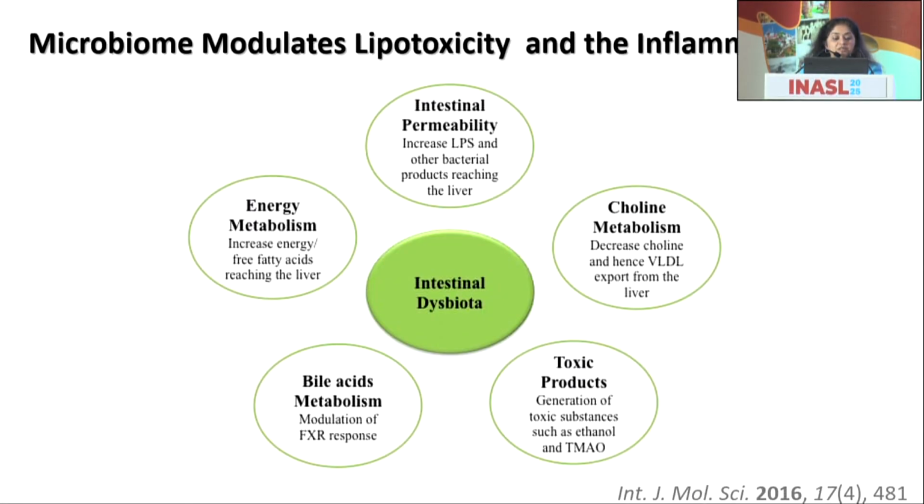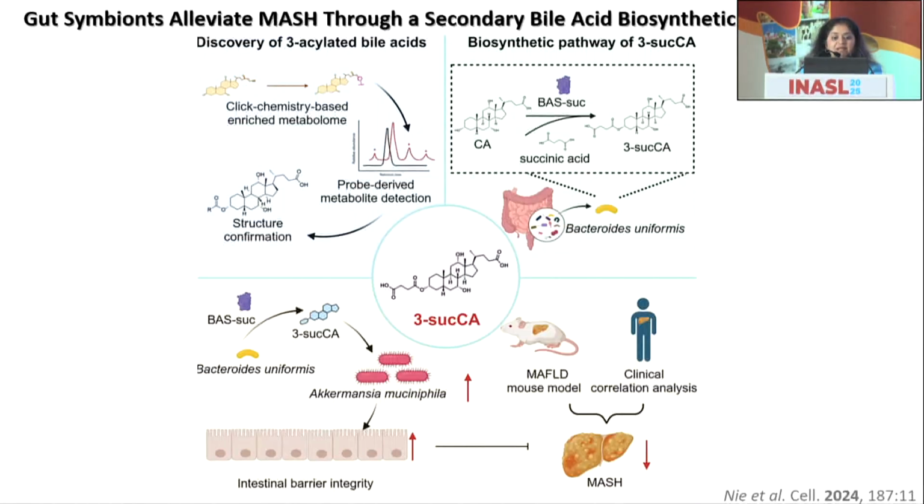I wanted to use the last minute to talk about the microbiome. I'll skip over this didactic slide to talk about two recent studies that are very intriguing. This was published in Cell in 2024, and they discovered a novel secondary bile acid using a click chemistry-based approach. They then found that Bacteroides uniformis forms this bile acid.